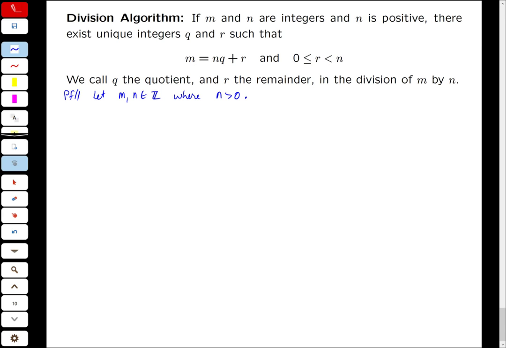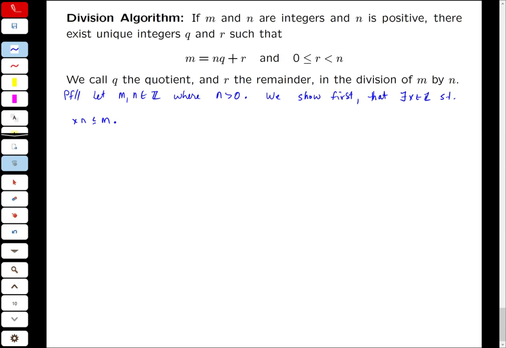So what the book does is they first start writing down a multiple of n. So what we're going to do is we show first that there exists an x in the integers such that xn is less than or equal to m.